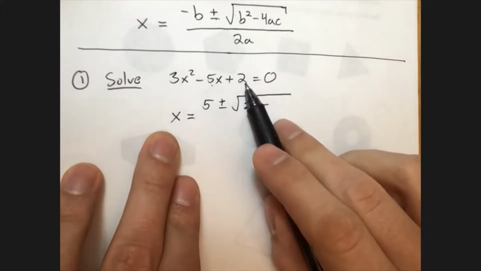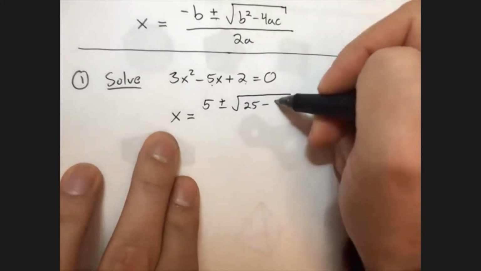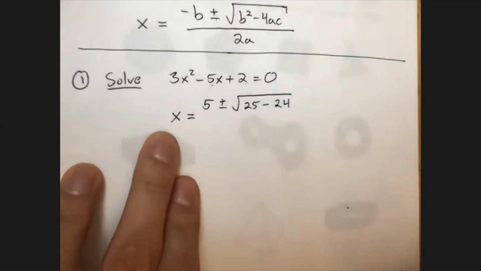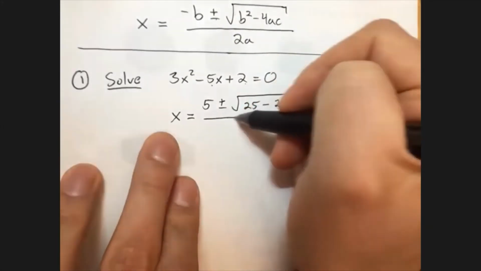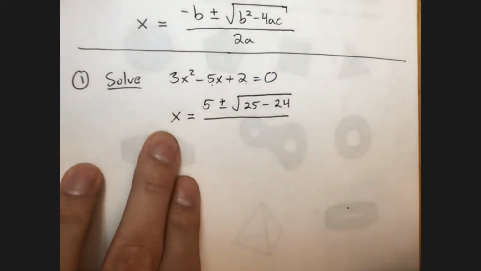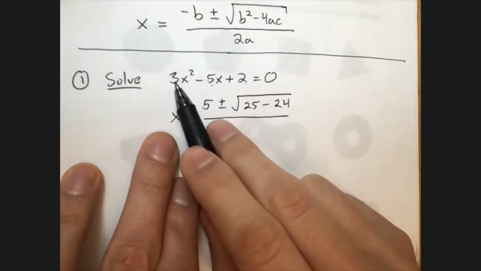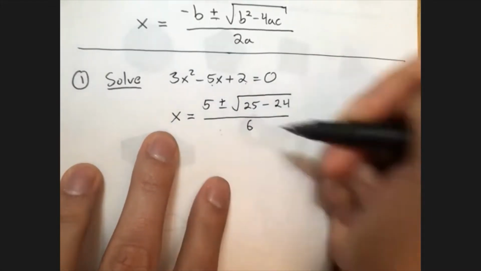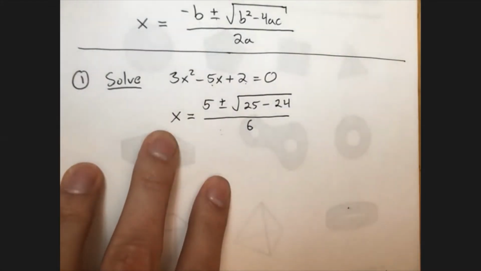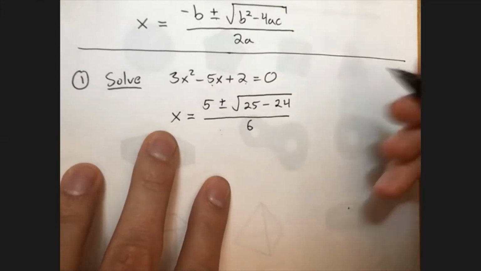That is 24. Okay. Divide by 2A. A was 3. 2 times 3 is 6. So those are answers, but we can simplify this quite a bit.